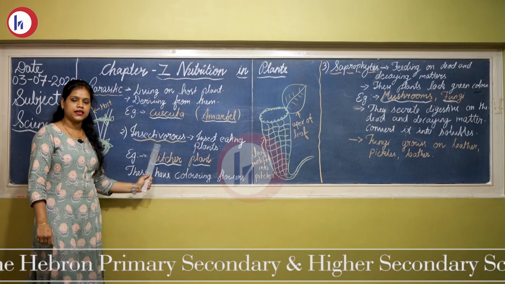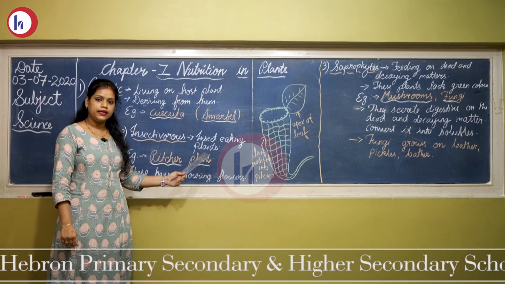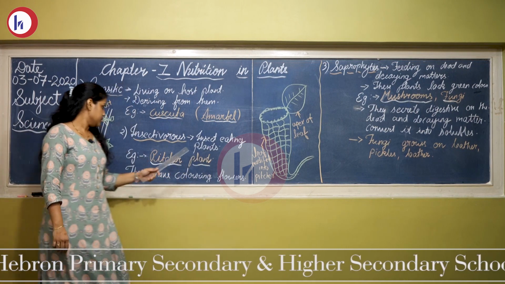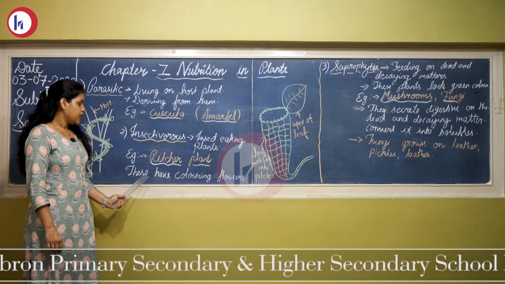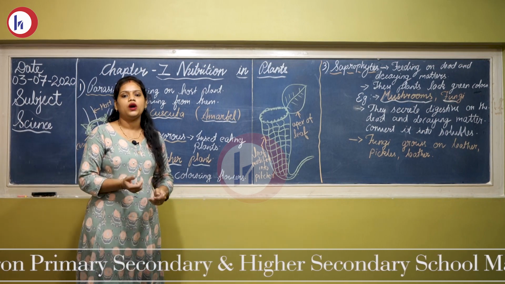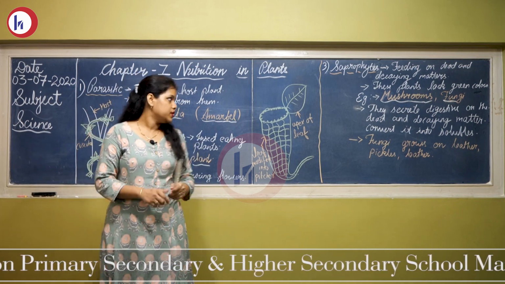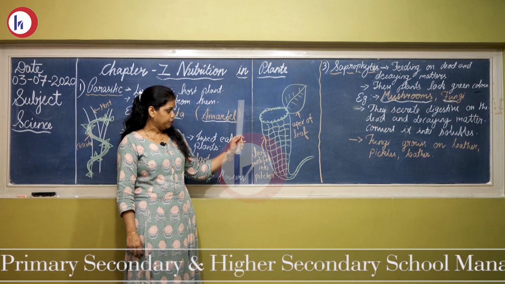The second type is insectivorous. Insectivorous means insect eating plants. Yes, they eat insects. An example of insect eating plants is the pitcher plant. These have colorful flowers to attract the insects towards them. Here you can see I have drawn a pitcher plant for you.